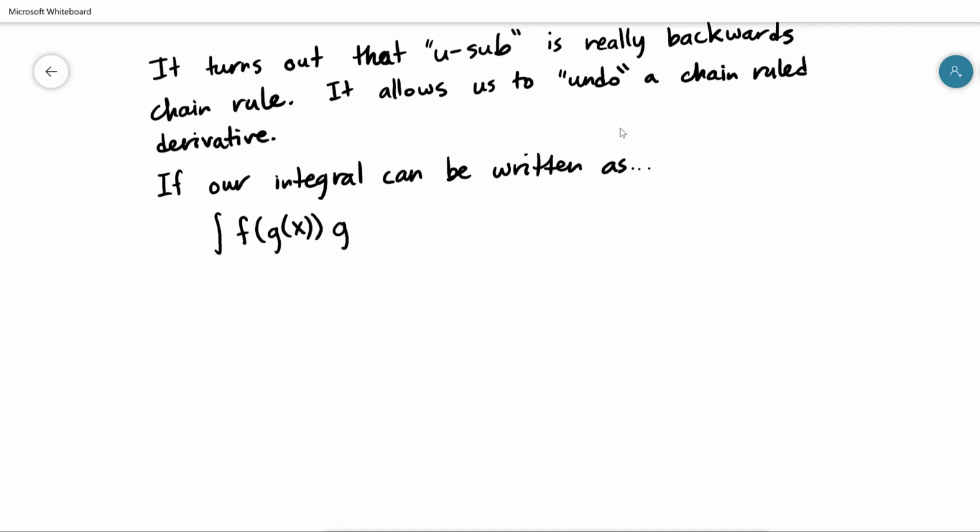And we also have some sort of g prime of x dx. So we've got our outer function f. We've got an outer function, we've got our inner function g, and we've got the derivative of that inner function. And lastly, here's our, obviously, our differential.